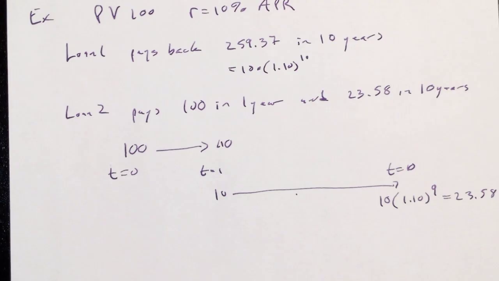So if I'm paying money earlier in loan two, I can think of that one really as being shorter than loan one. Even though both technically last for 10 years, the cash flow in the first one is way late, and the cash flow in the second one is more early.